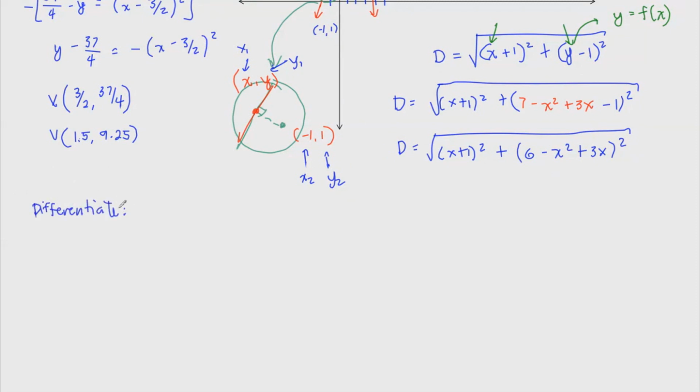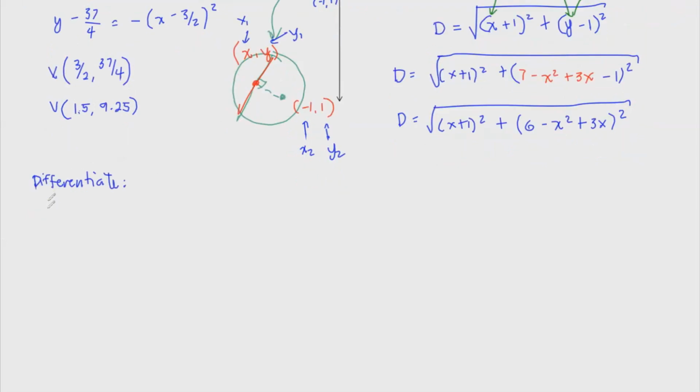So when I differentiate, I would have a d prime. So of course, this is with respect to x. So d prime is equal to 1/2, because that's power rule. Kasi ito yung raised to, yung whole equation is raised to 1/2. So 1/2, and then we have (x plus 1) squared.